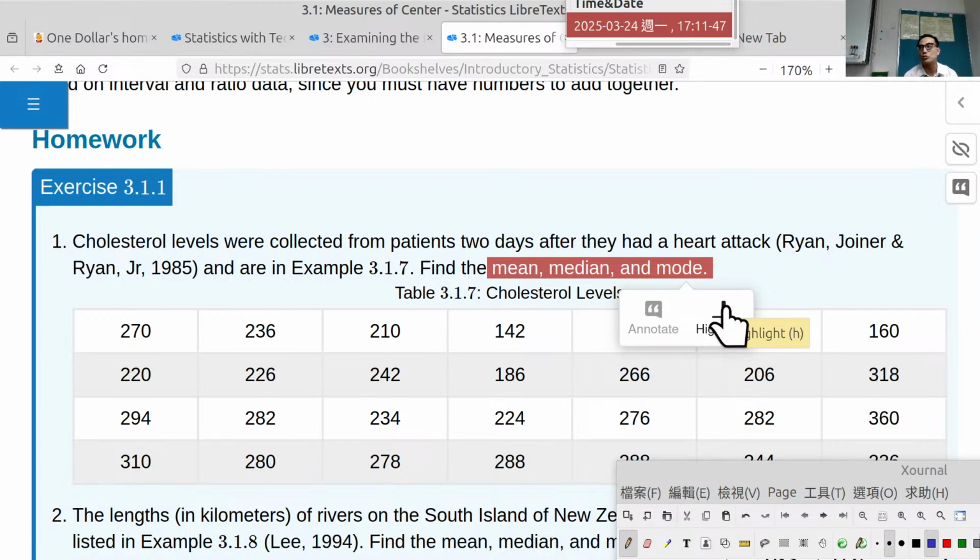Sure, I know how to do that. Please find the mean, median, and mode and copy paste the information to the AI.